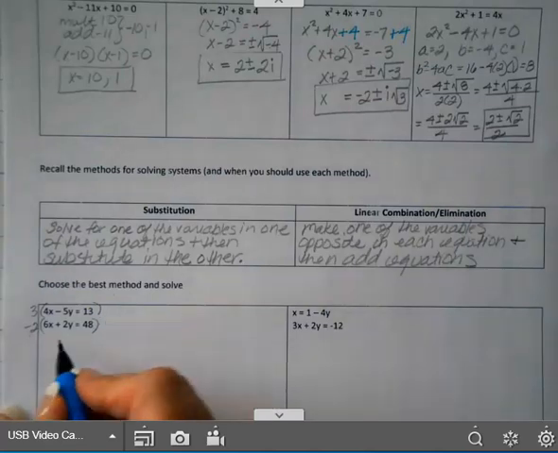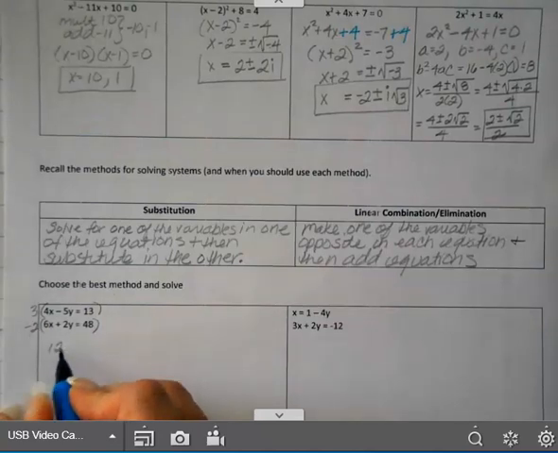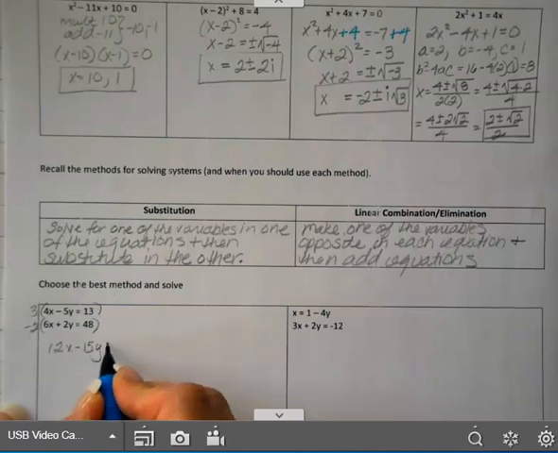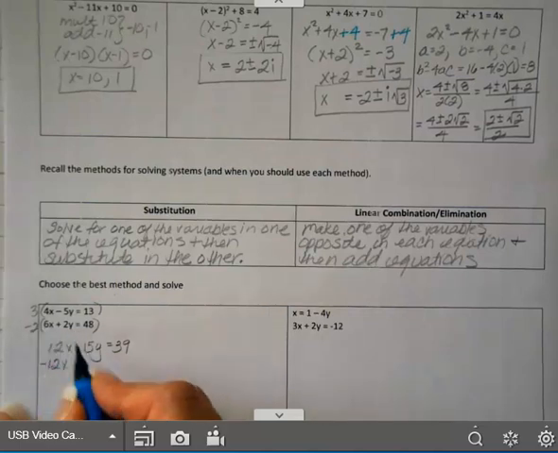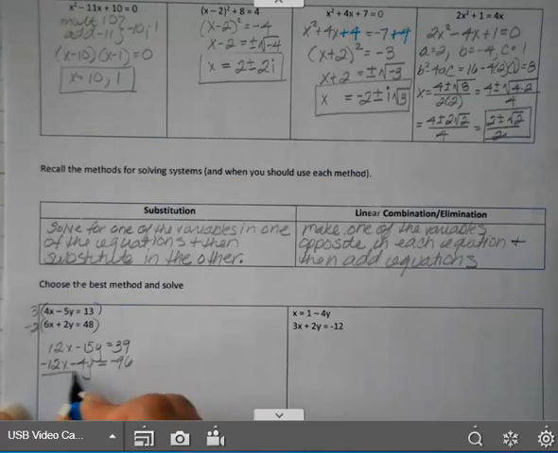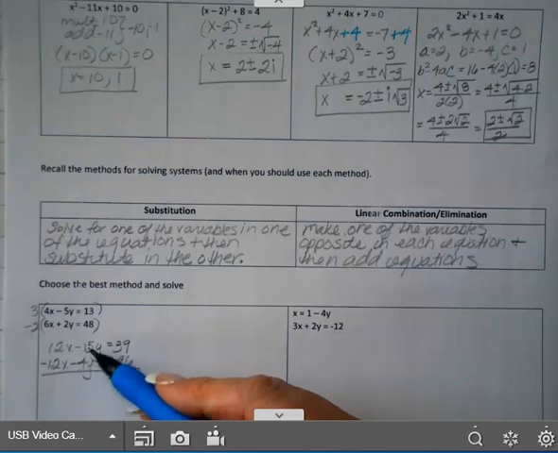Going ahead and multiplying this, my top equation will become 12x minus 15y equals 39. My bottom equation is going to be -12x minus 4y equals -96. And now I have opposites for my x's.